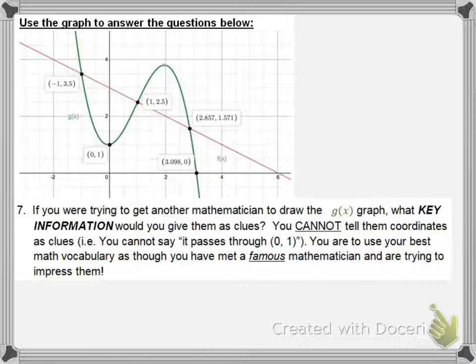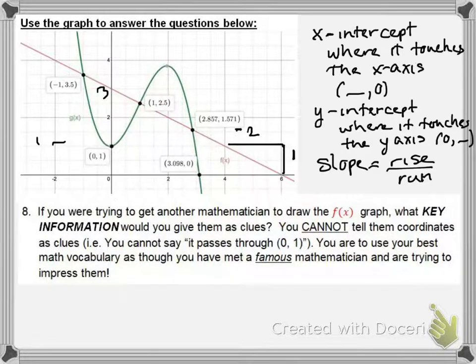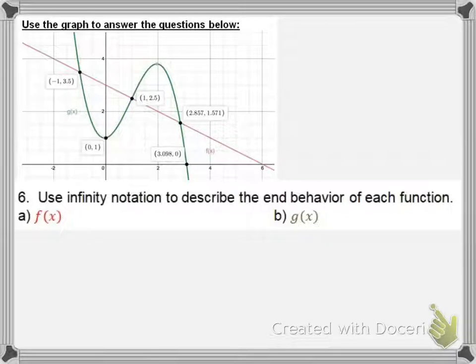When we were in Mod 5, we also talked about end behavior, and I intended to put an end behavior problem in the middle of this thing, but I stuck it at the end so I can talk about it now. Here we go. Use infinity notation to describe the end behavior of each function. And basically, when we do infinity notation, we are talking about as x goes forever in the positive direction, what is happening to the y value?